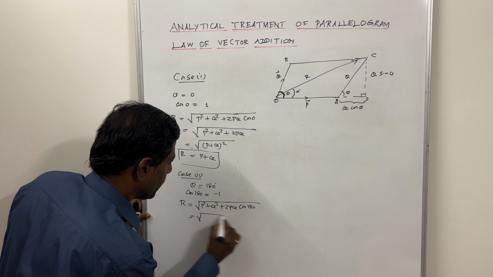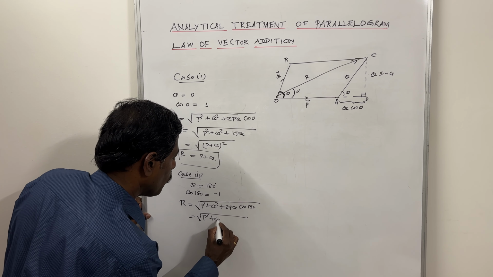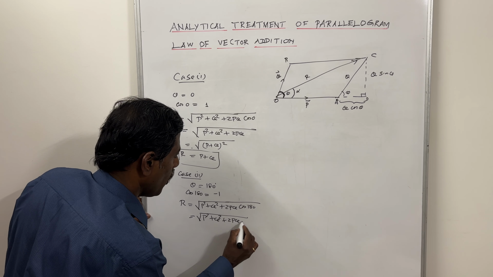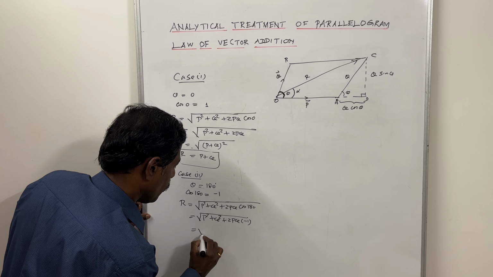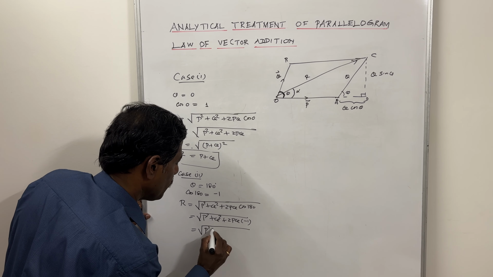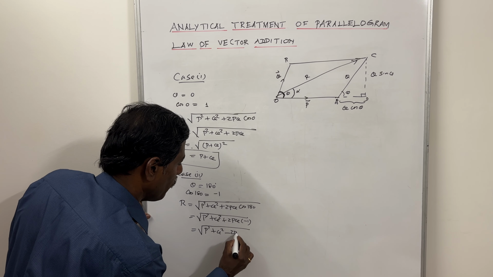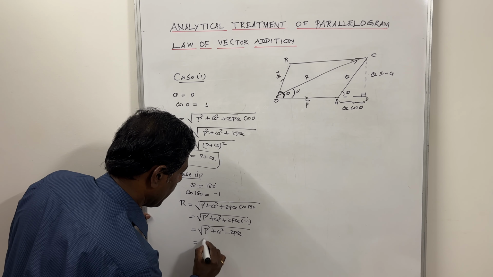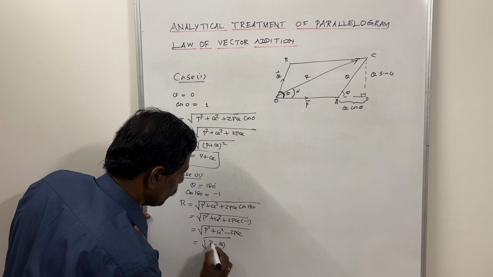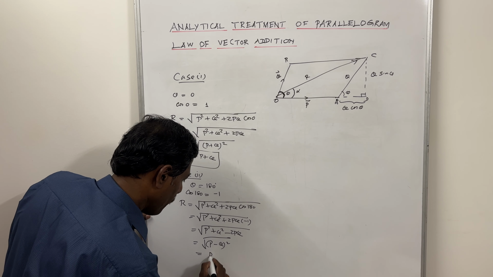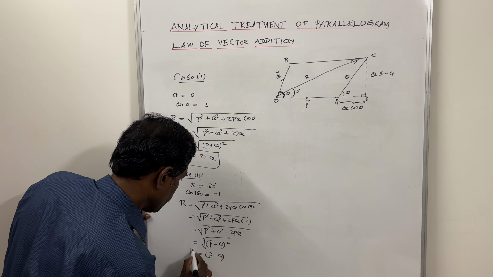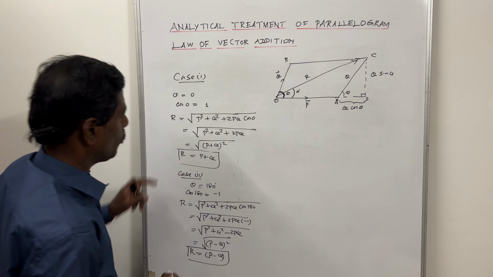This can be written as P square plus Q square plus 2PQ into minus 1. So this can be written as P square plus Q square minus 2PQ. Using the identity, P minus Q the whole square, it becomes P minus Q. This is the resultant magnitude.